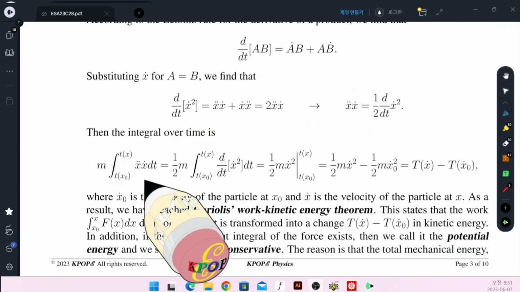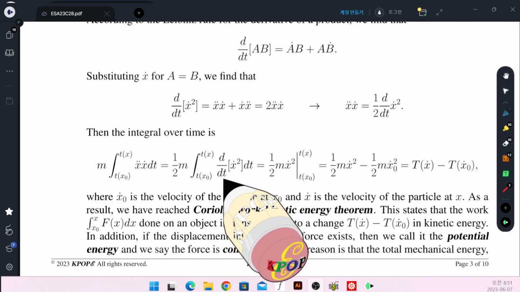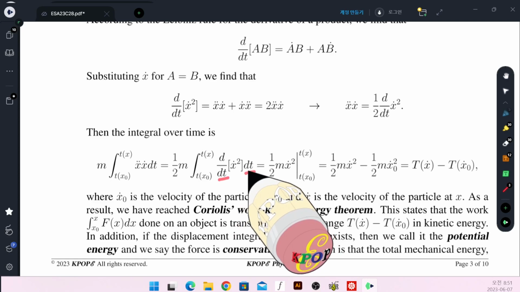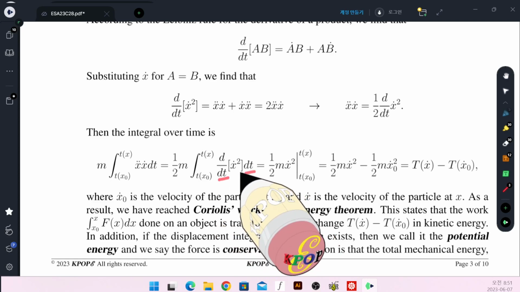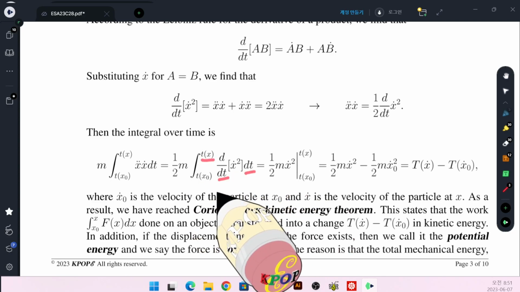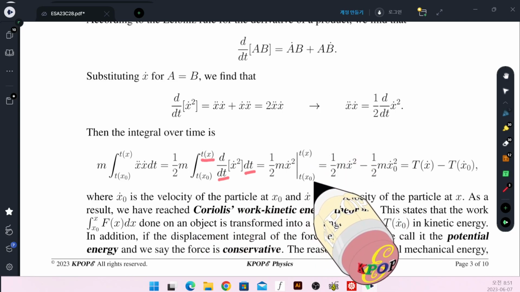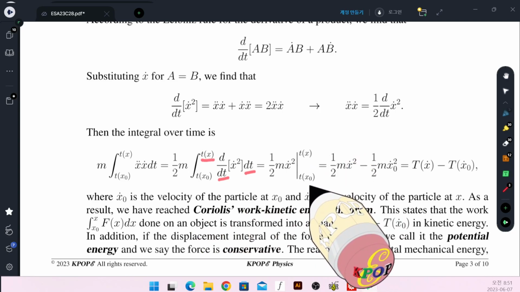All right, so we have a derivative and an integral. Therefore, this is an identity operation, and we substitute the time at x, and at x0.